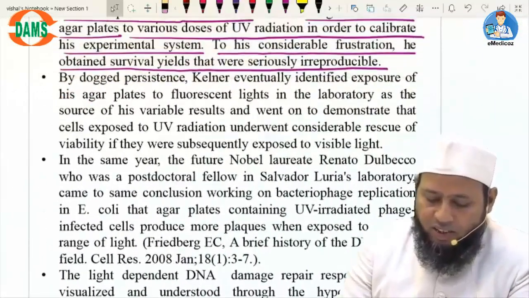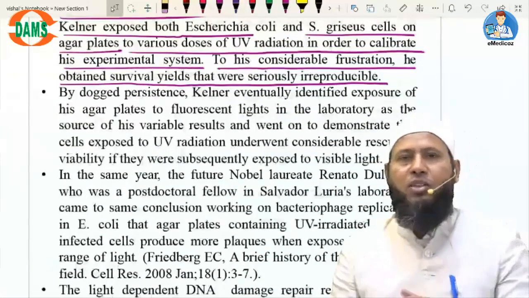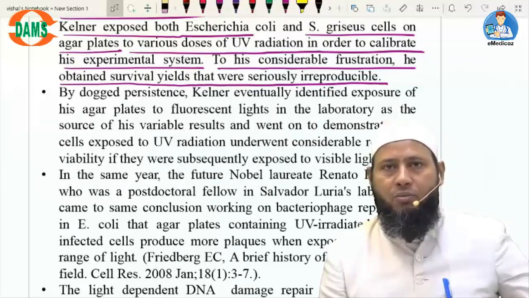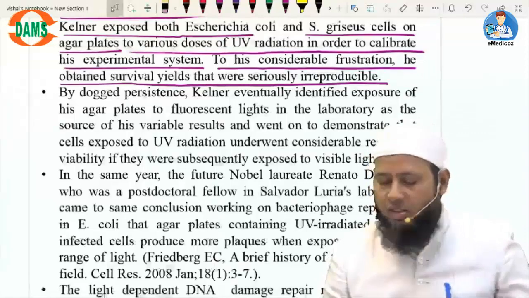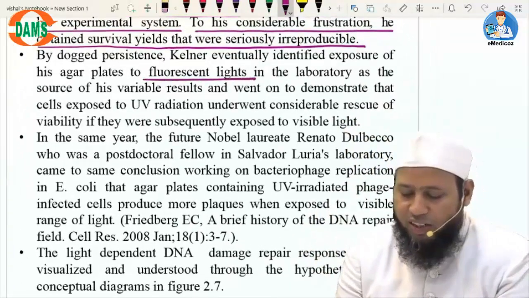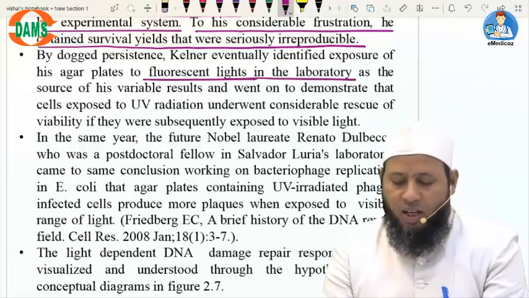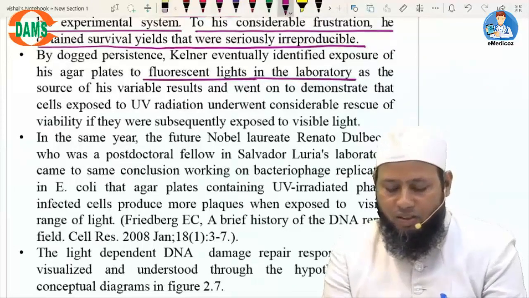He tried to troubleshoot many things, removing some variable factors, and he realized that it is the visible light, the fluorescent light in the laboratory, that was the main culprit creating these variable results.